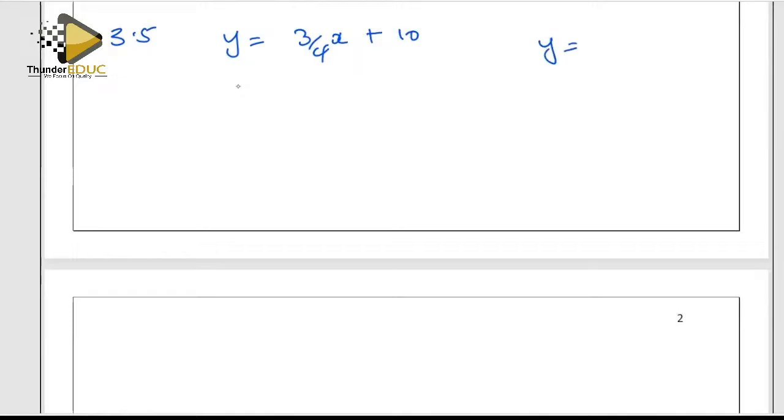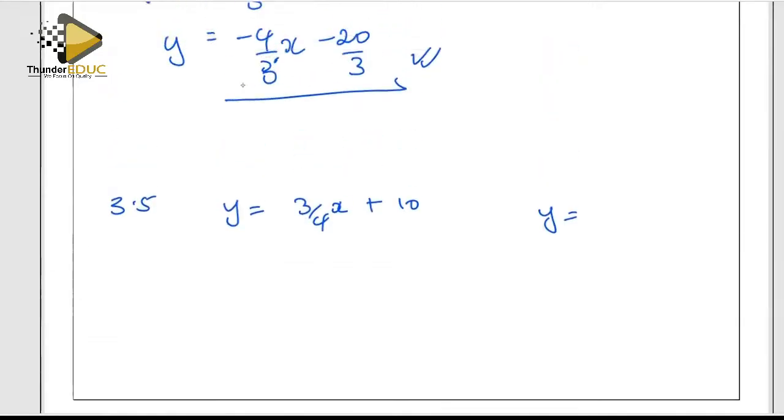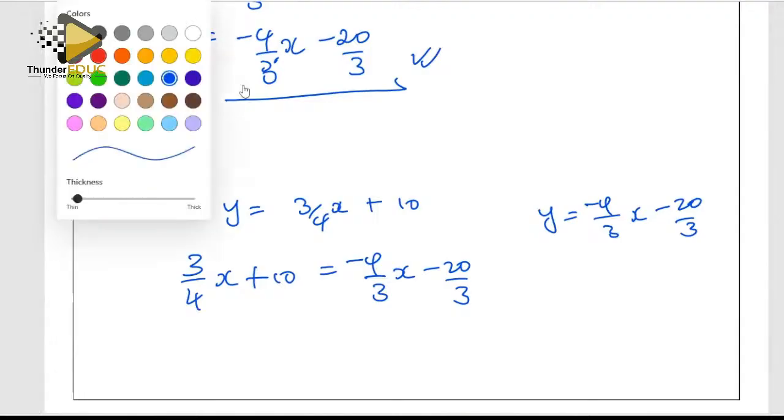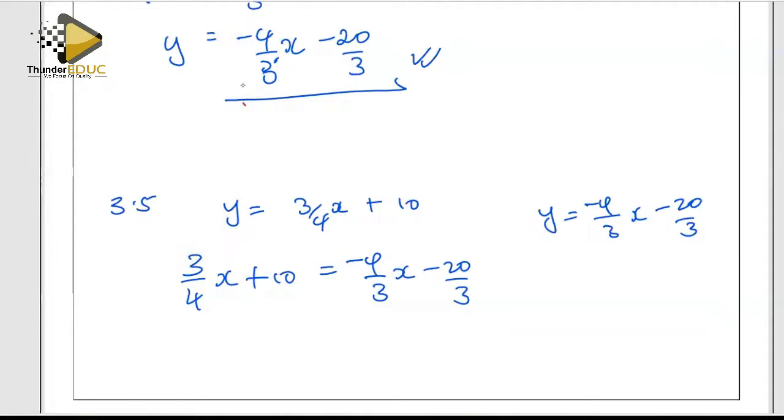And then the other equation for VR, we said it's -4/3 x minus 20/3. Let's equate the two. 3/4x plus 10 should give us -4/3x minus 20/3. I'm going to multiply through by 12 because I want to get rid of the denominators.